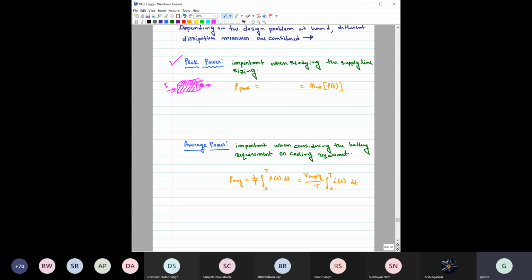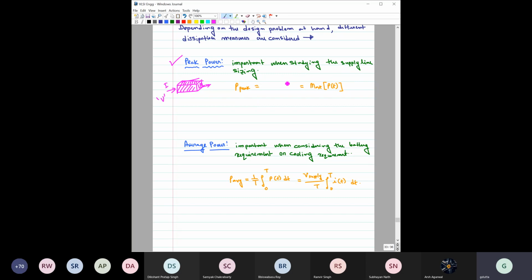Because voltage is not changing, VDD is fixed, the only thing is that all of a sudden the current can change. So the wire that you are providing, or the metal lines, or maybe the polysilicon lines, should be able to handle that current, right? So when you are considering the peak power, that would be important when you are sizing the supply line.